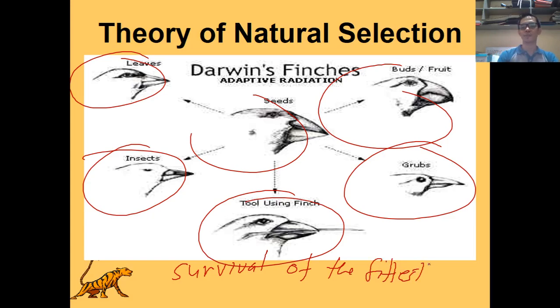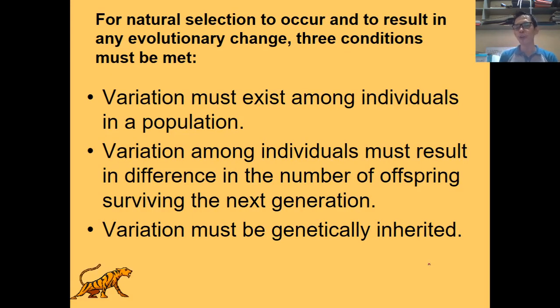Okay, so with that, for Charles Darwin, he coined this natural selection, and this natural selection will not occur without these particular conditions. It needs these conditions in order to have a result of what they call an evolutionary change in the organism. One is variation must exist among individuals in the population.